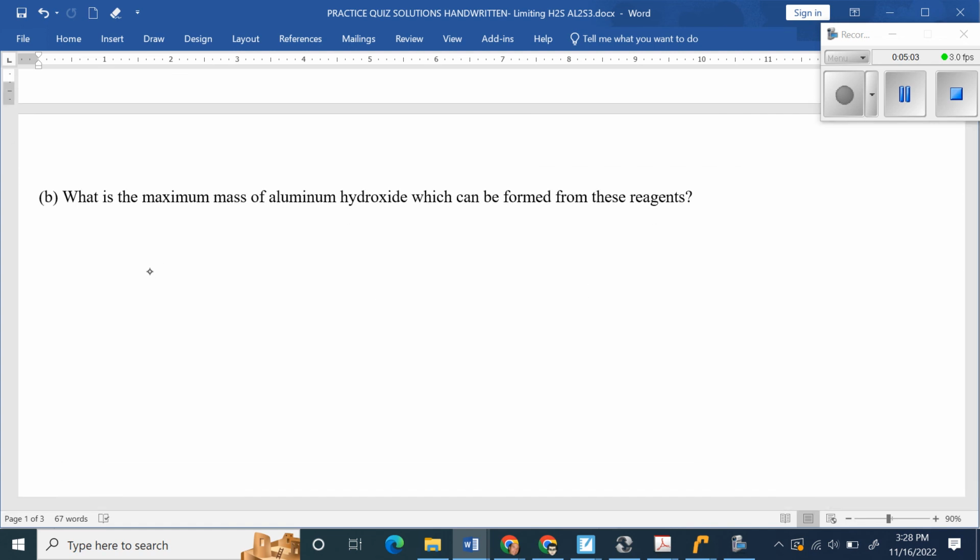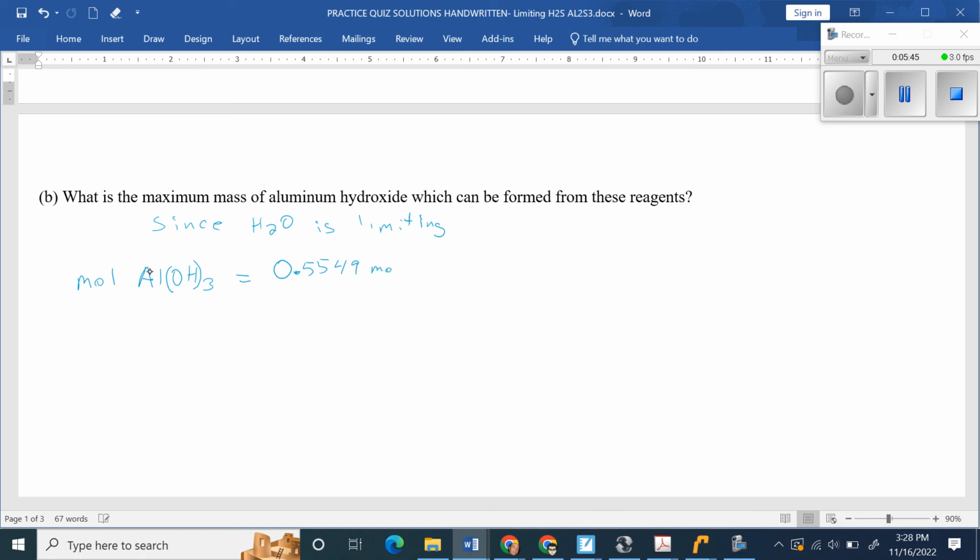So going to say since water is limiting, H2O is my limiting reagent, okay, so my moles of aluminum hydroxide is going to be equal to my moles of water, 0.5549, right?